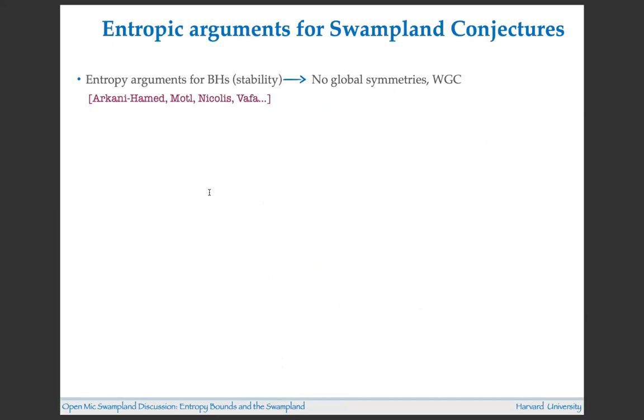They've always been there, in some cases as heuristic arguments, in some cases as motivations. Probably the first times that we heard about no global symmetries or the weak gravity conjecture, we heard about this kind of argument.